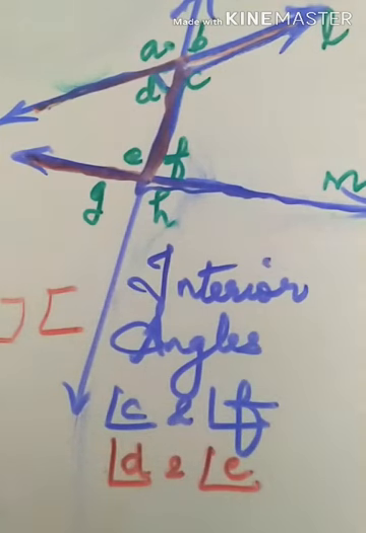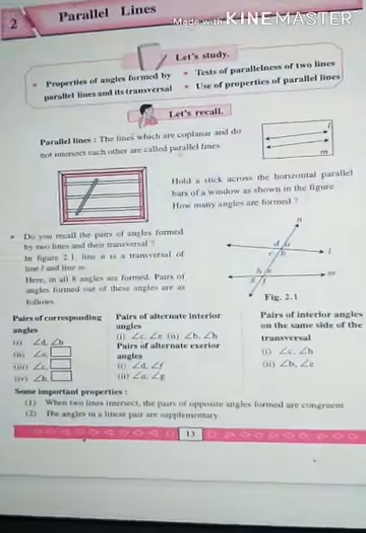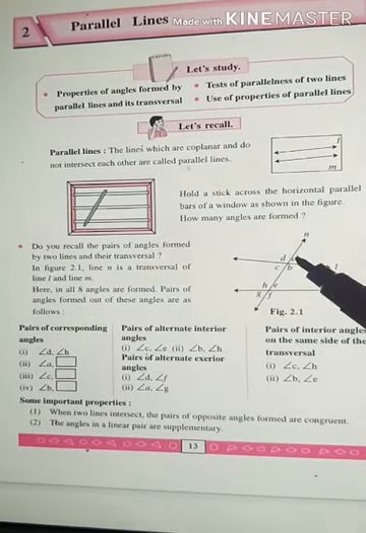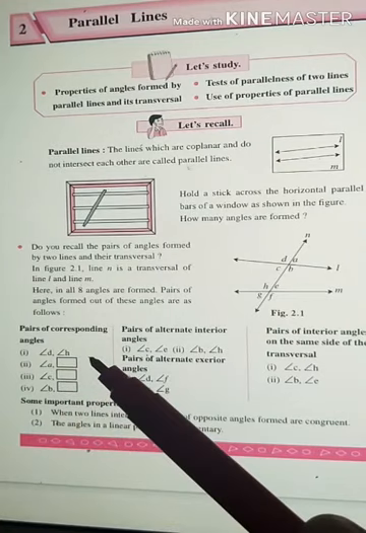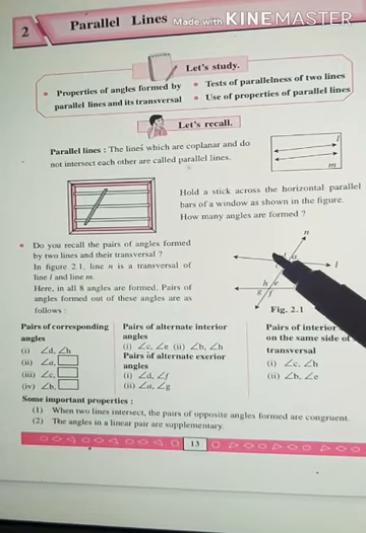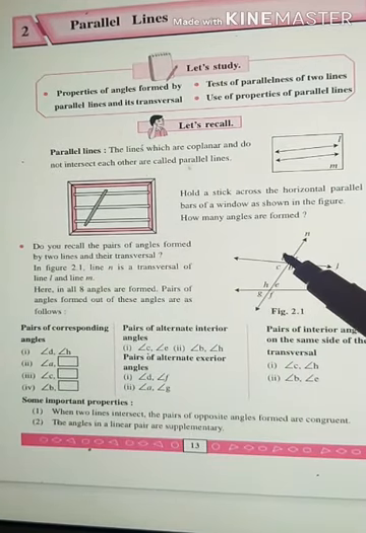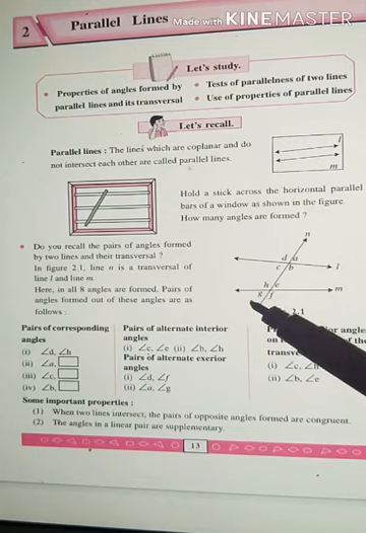Now, on page number 13 of your textbook, you have this figure given, and they are asking us to complete the boxes. Pair of corresponding angles: angle D and angle, as I told you to remember, don't take the next one, take the third one. First and third, second and fourth.